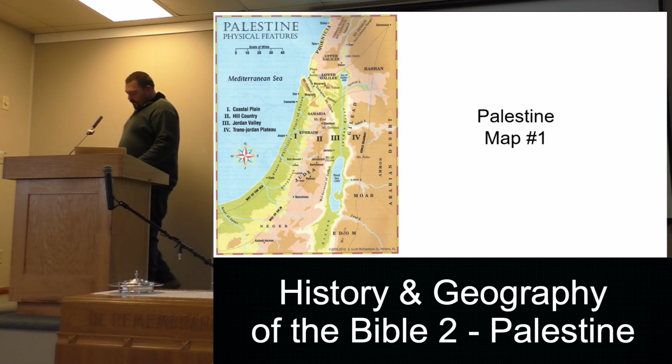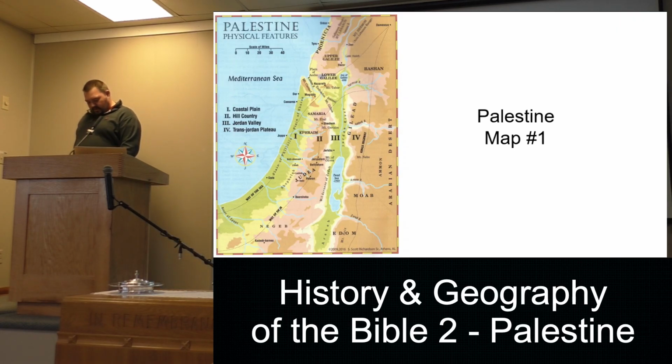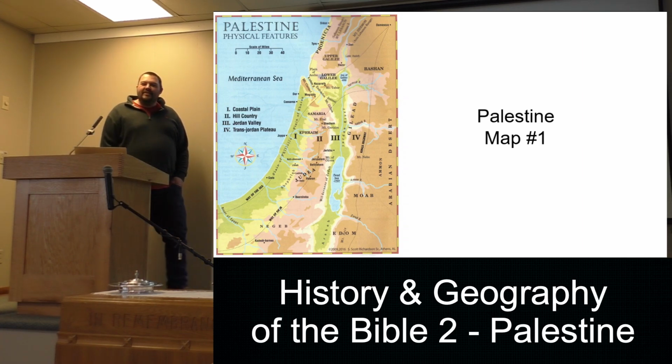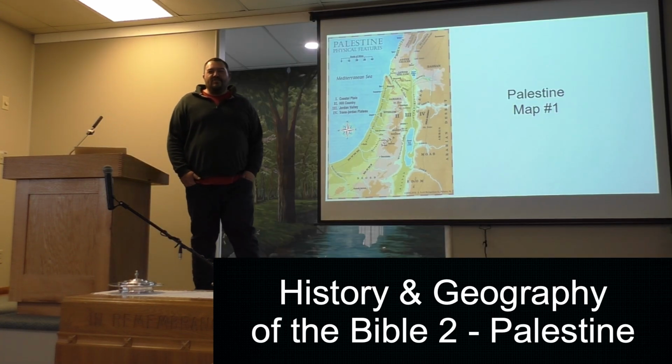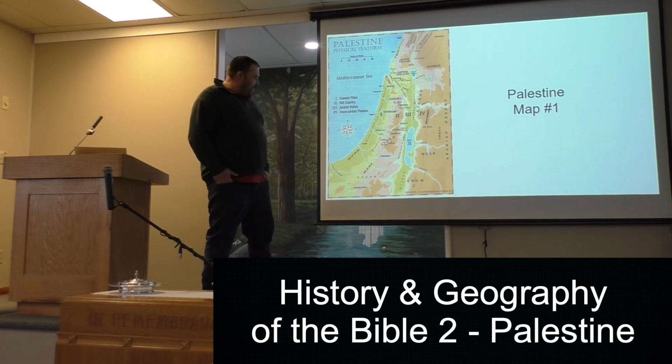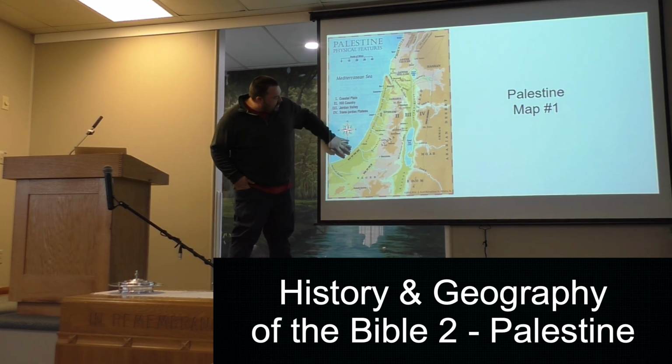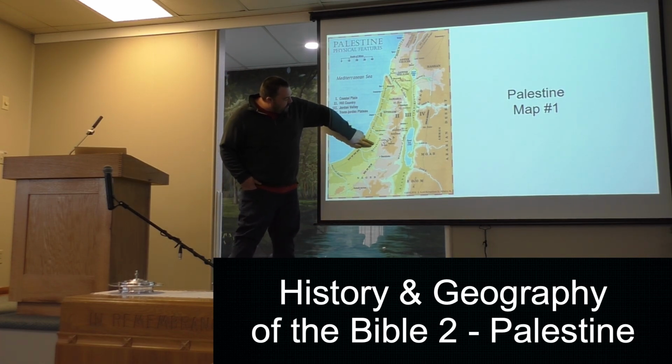What else do we have here? We'll talk about the Shephelah. I bet you never use that word. That's up here. So you come up the plain and you've got this area called the Shephelah.